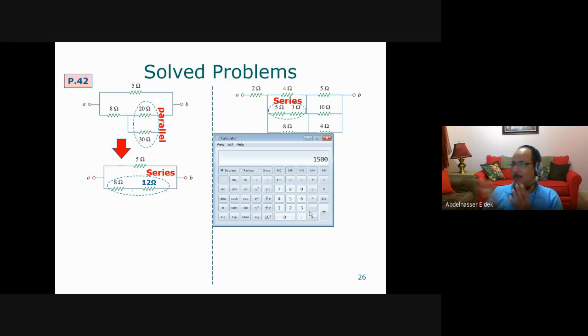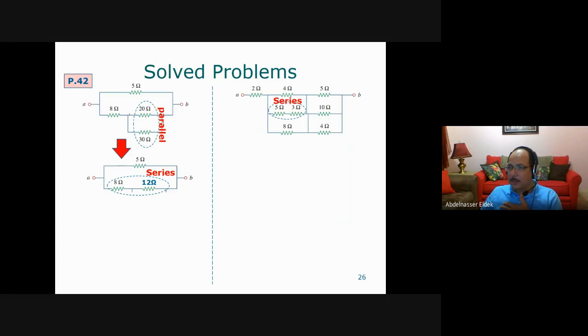Again, 20 times 30 divided by 50 is 12. So between these 2 points, here for example, you draw 12 ohm. So here are the 2 points.